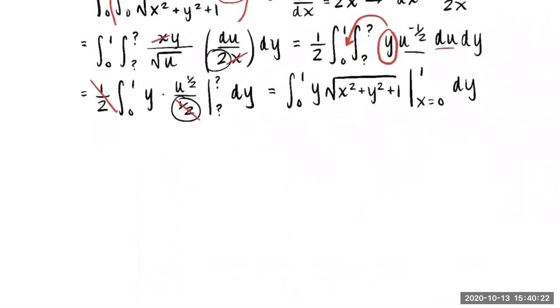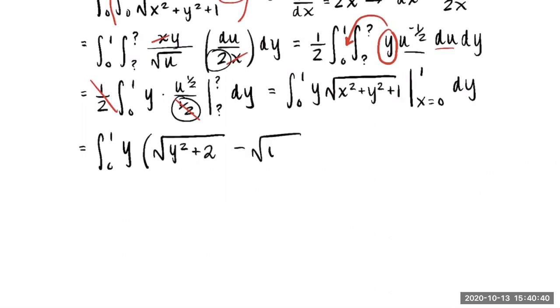Okay, so now let's go ahead and apply the fundamental theorem of calculus. So I'm going to do a parentheses here. First, letting x be 1 reduces this to y squared plus 2. And if x equals 0, I get y squared plus 1.